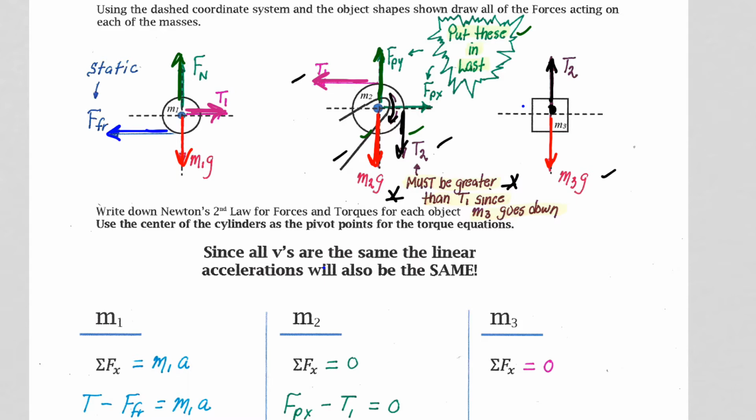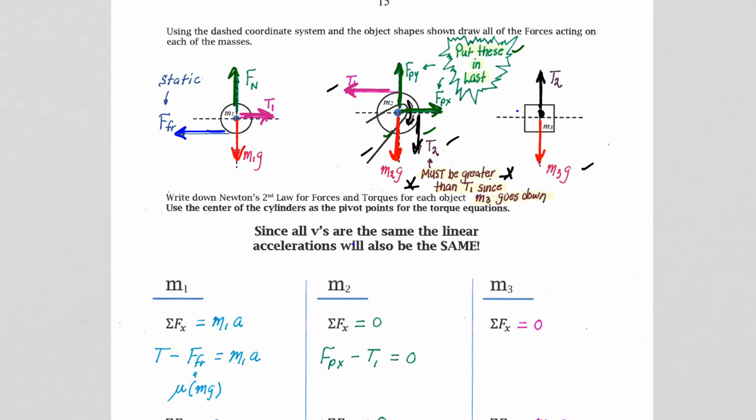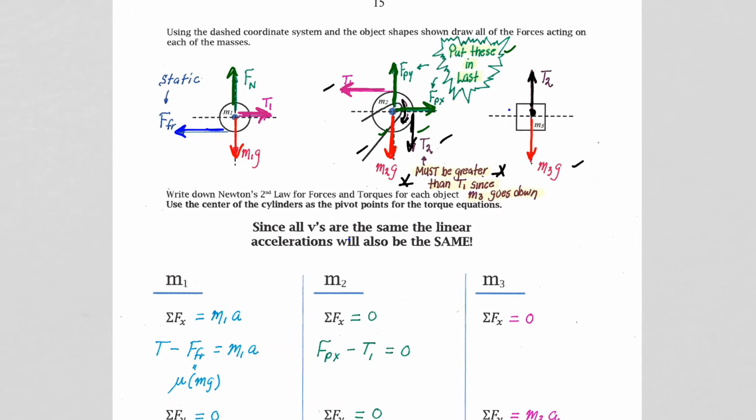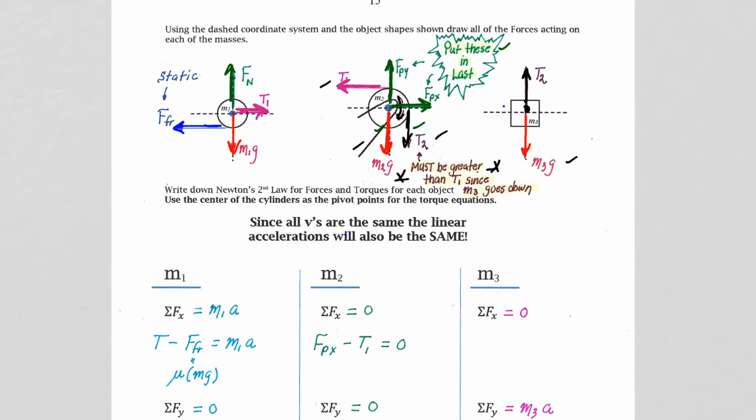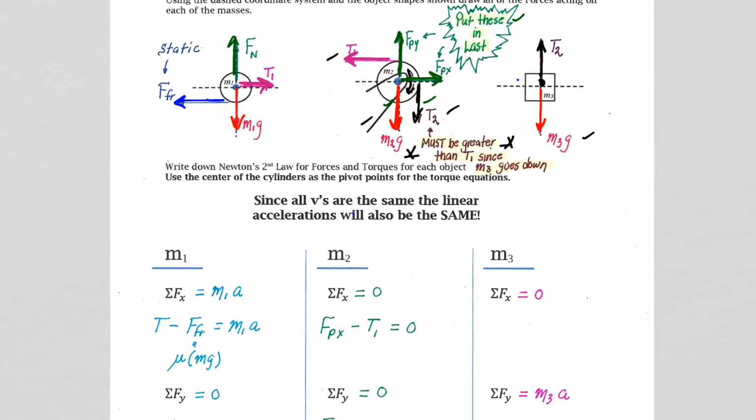And we only have T1 to the left, so that means we also need a force from the pin going to the right. So you really only know the directions here after you've put in all the other forces. If our force diagrams are done thoroughly, completely, correctly, then writing down the F equals ma and the torque equations really are not that difficult.